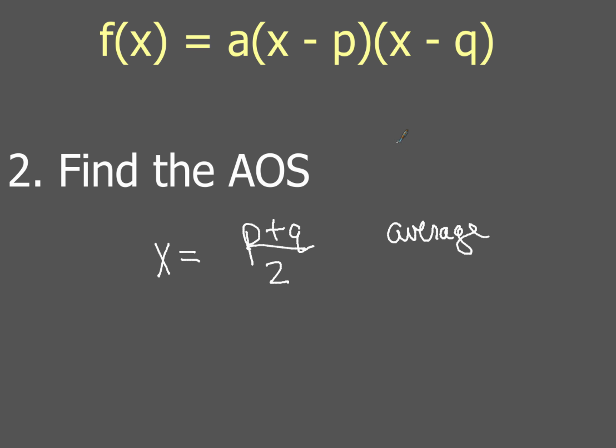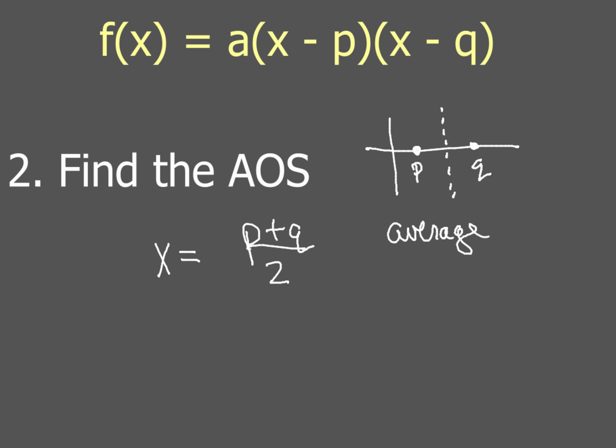When you're graphing p and q, these two x-intercepts, think about where they are on a number line: one's here, and the average is going to be halfway in between those two values. So wherever p is and wherever q is, the AOS will be halfway between those two values.